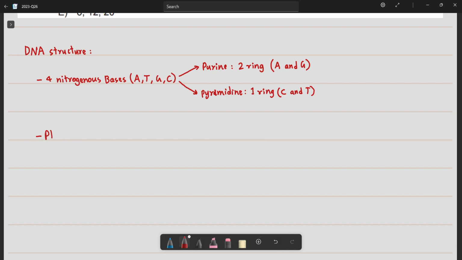molecule is phosphate. The formula that is used is PO4 3 minus. Okay, so this is the phosphate.